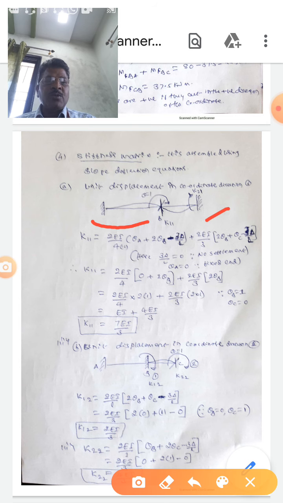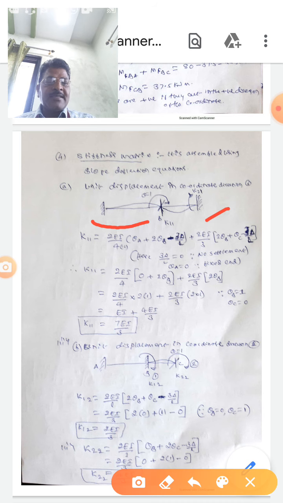So that is equal to 2EI upon L into (theta B plus theta C minus 3 delta upon L). Again here theta B is 0 and 3 delta upon L is also 0. Theta C is equal to 1, unit displacement is given. So that value is again 2EI upon 3.